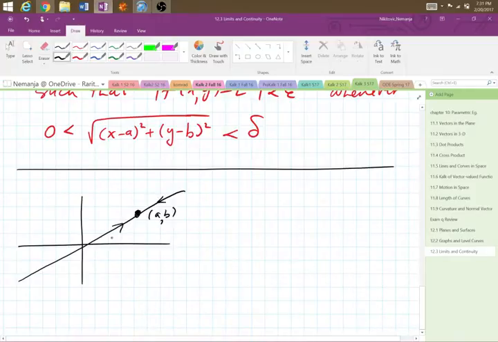Now, this line has some kind of y = mx + b formula. Once I plug that in, I eliminate the variable. It's awesome. And I can just look at the one-dimensional input because I just made up a relationship between x and a y. But that's not enough for me to claim that the limit exists, because remember, I can spiral in as well. It's a little bit more complicated formula.